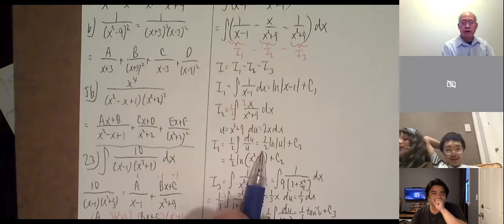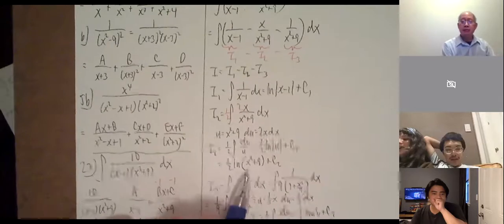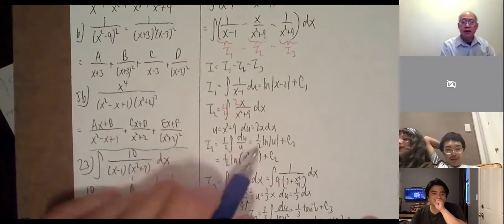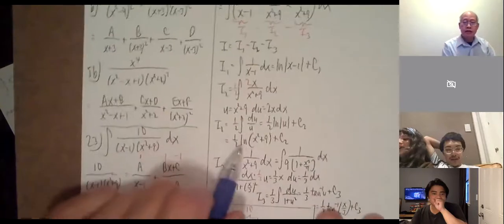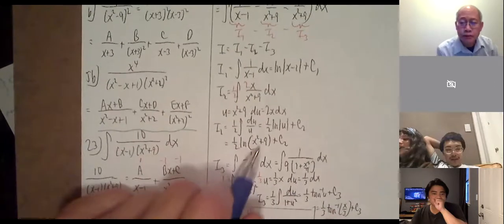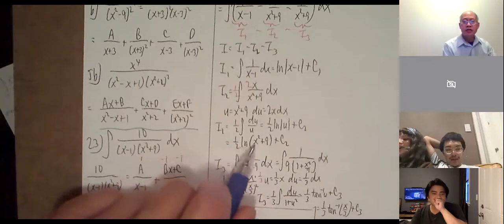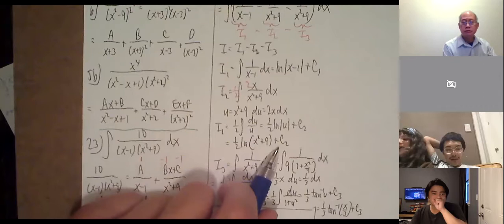If I plug in any other real number, it's positive. Now I'm going to add 9. If you add 9, it's dead sure positive. So since I have a positive quantity, I don't need the bars anymore. I put parentheses. You should just put parentheses. So 1/2 ln (x squared plus 9) plus C2.